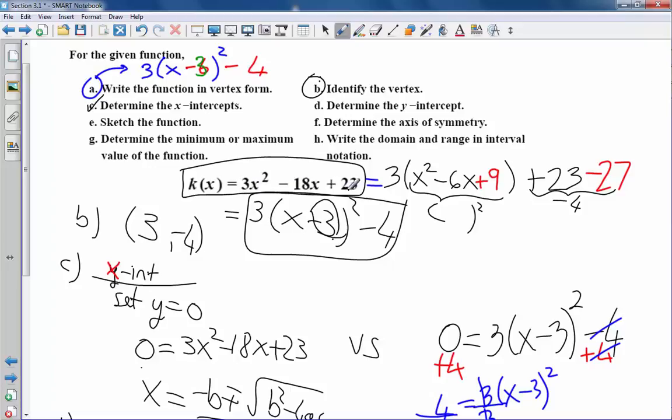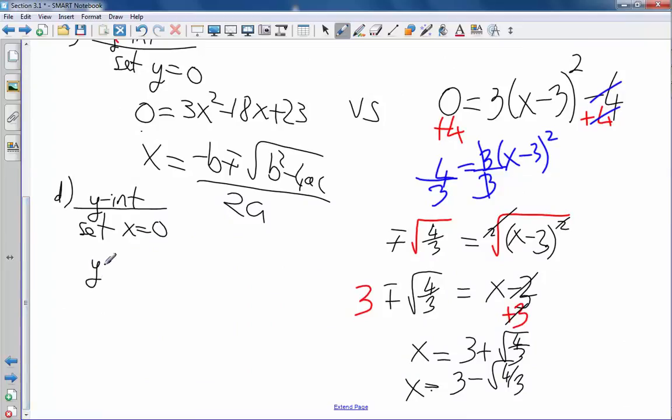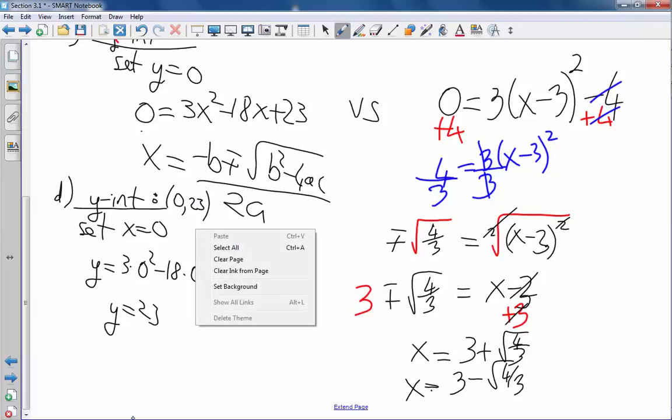What do you get y? 23. Look how easy that is. Y is, just set 0 in axis. So y-intercept is 0, 23. Okay?